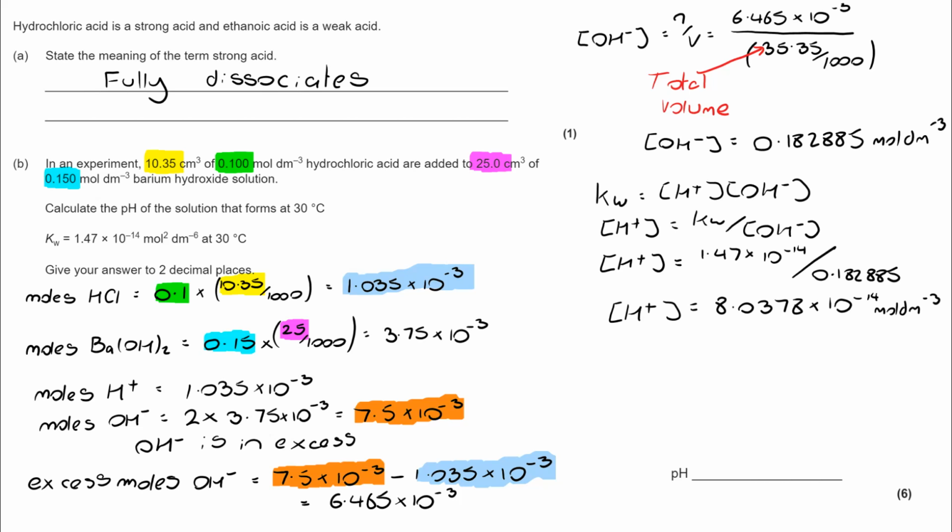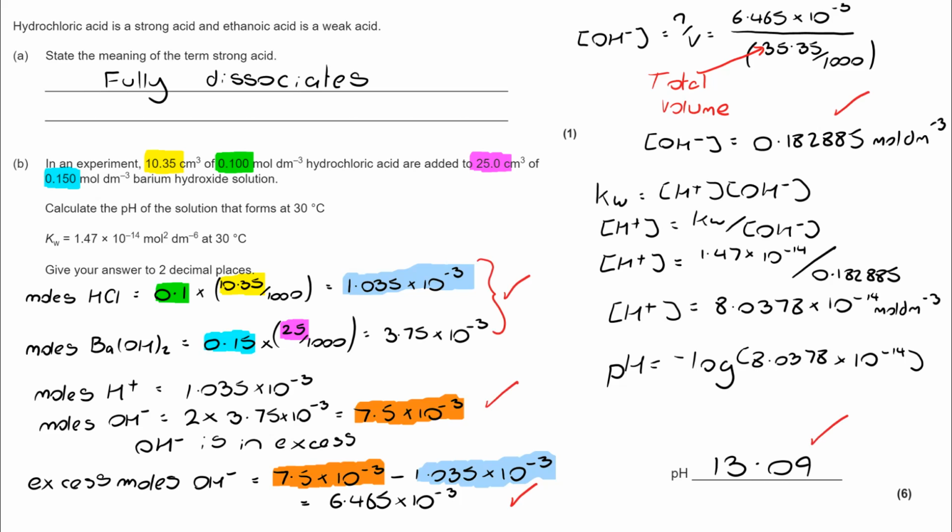I can now substitute that in to my pH expression, giving me a pH to 2 decimal places of 13.09. And I'm putting up here all of the mark allocations so you can see which ones you would have picked up.